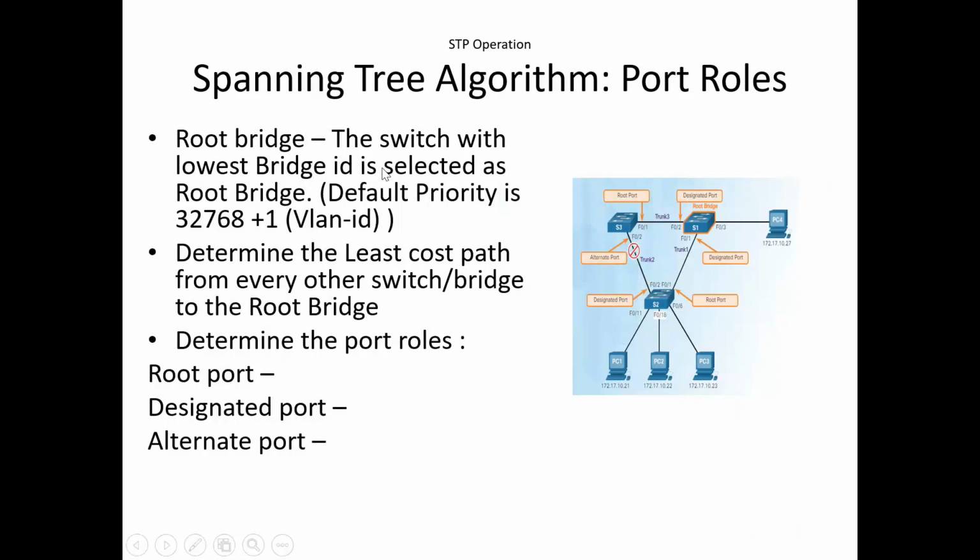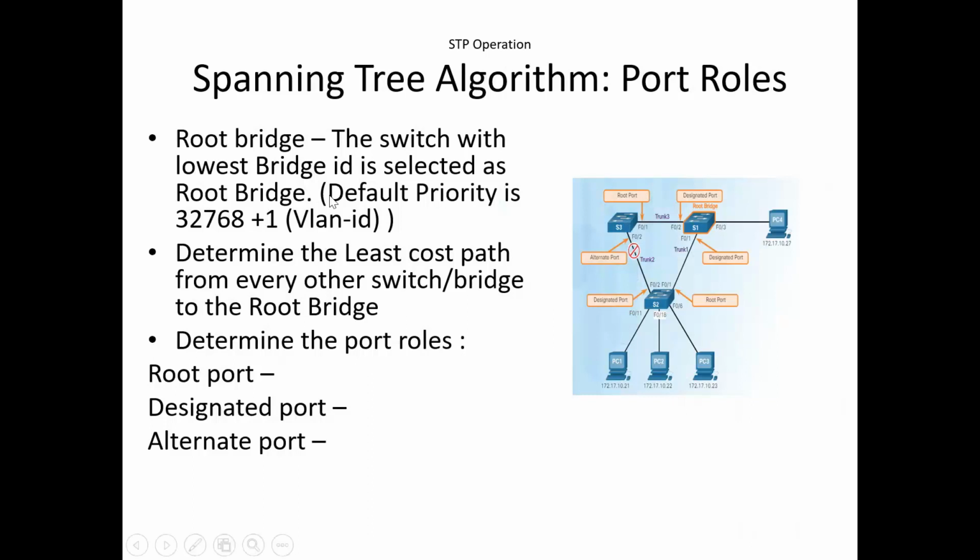The spanning tree algorithm says that first we need to select a root bridge. The root bridge is selected as the switch which has the lowest bridge ID. The bridge ID comprises the priority followed by the VLAN ID followed by the MAC address.